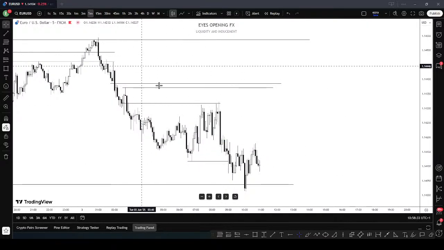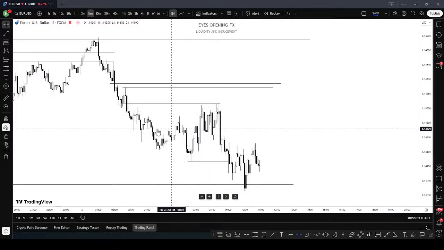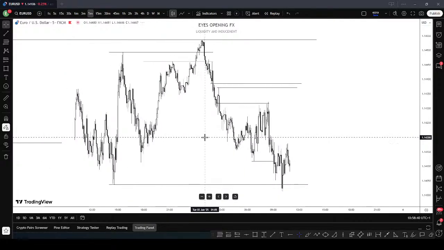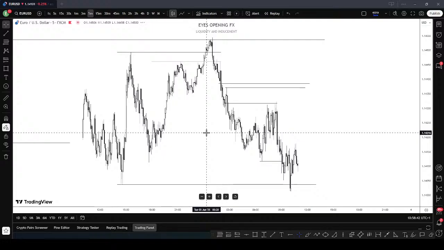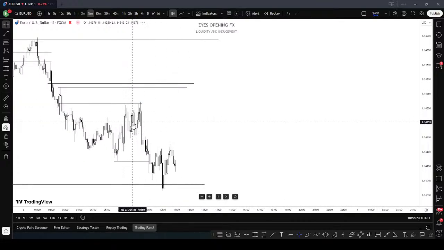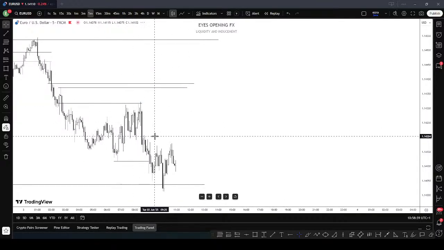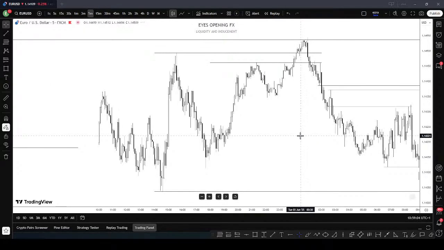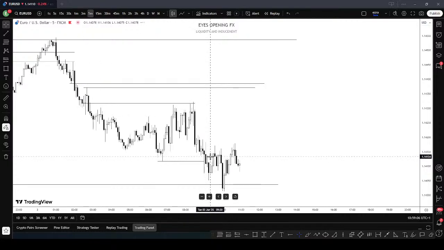After marking out this on this time frame, you note the current early consolidation we have right here.